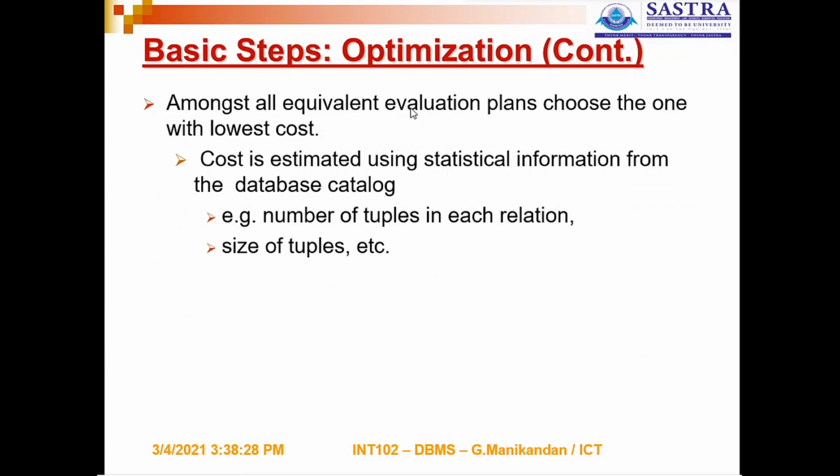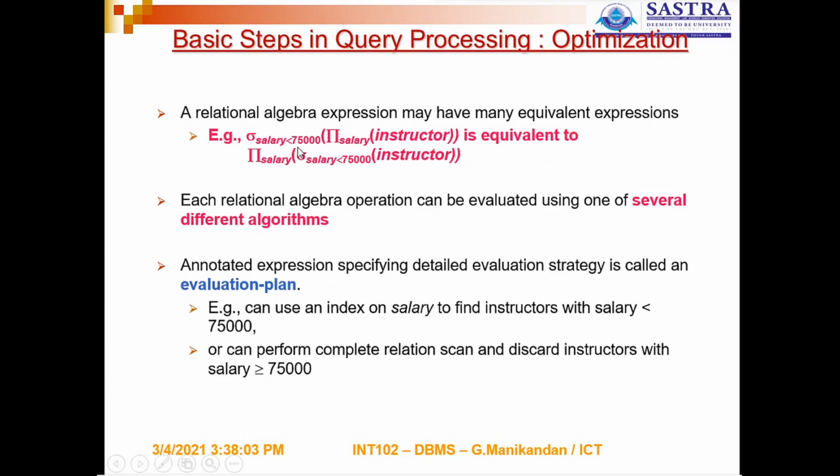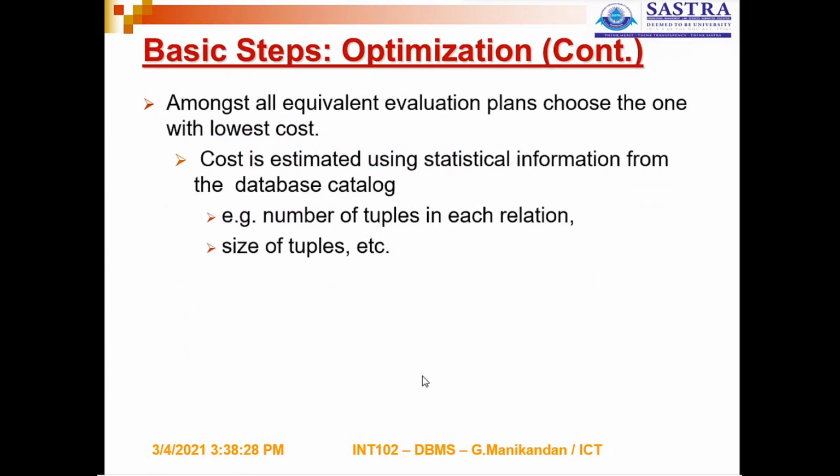Either I can go with an index or I can perform a complete scan. Among the available options, you have to identify the plan which incurs the minimal cost. So you need some mechanism to measure the cost associated with the query execution.